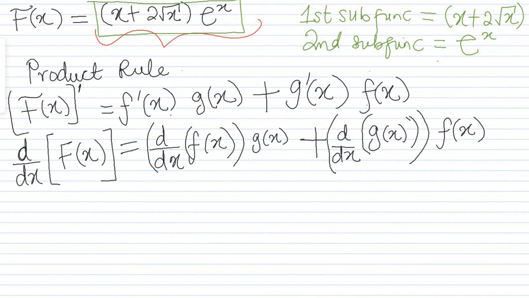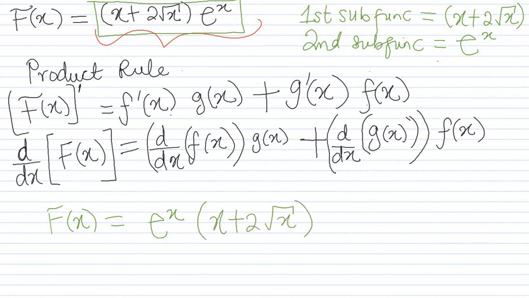Note that if you decide to write your function f of x like e to the x and then x plus 2 root x, or you leave it as it is above, x plus 2 root x multiplied by e to the x, you're going to get the same answer. Since it's product, there's no division or subtraction that is going to confuse anything. The product rule involves multiplication and addition.